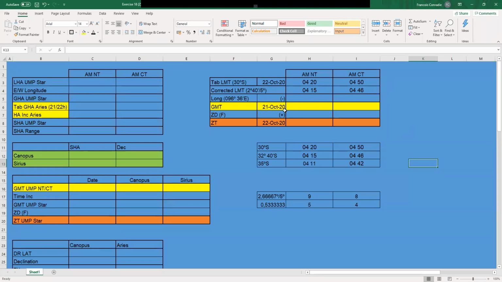But now we know that we're not really interested in LMT. LMT is at a specific meridian. We're interested in GMT. The question asks for GMT and for zone time, isn't it? So we need to take our longitude, 96 degrees 36 minutes, convert that to time, and then apply that to our LMT.